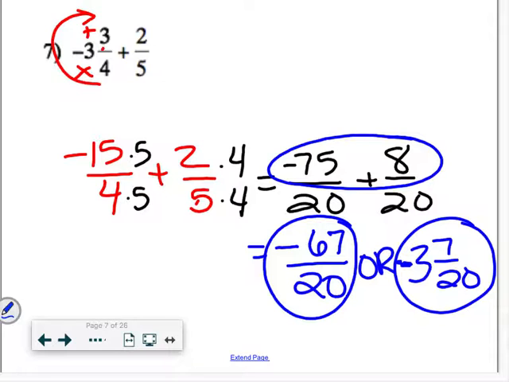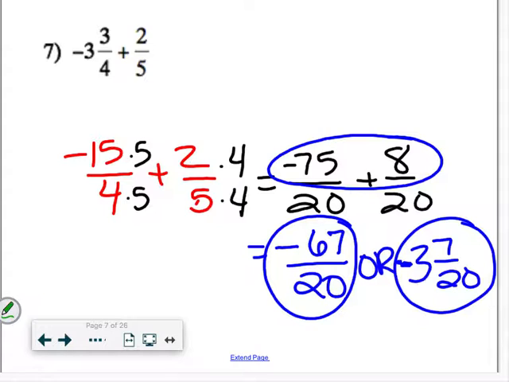Now, if you're really good at doing this with trading and borrowing, kind of like with decimals and with normal subtraction, you can attempt to do this without changing it into an improper fraction first. I've never actually taught it this way, so if you don't like it, don't feel bad.